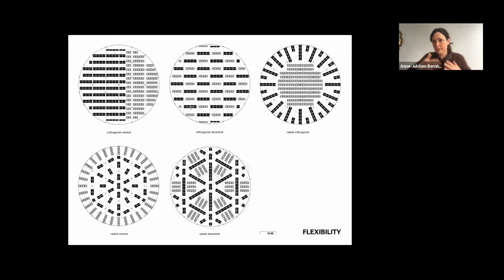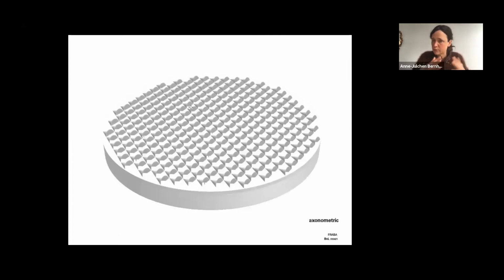And then we extended the research in how to put the furniture in, and it's quite flexible, the whole system, because it has the two layers of being orthogonal and triangular.